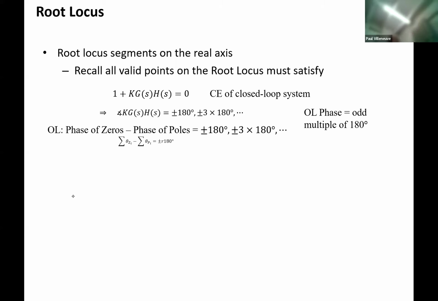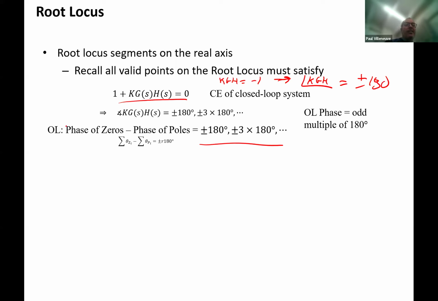By the way, why did I do that? Why did I say the phase of the zeros minus the phase of the poles has to be equal to that? We know why. When we solve this, right, we have KGH has to equal -1, which implies the angle of KGH has to equal that plus or minus 180, right, for the base one.